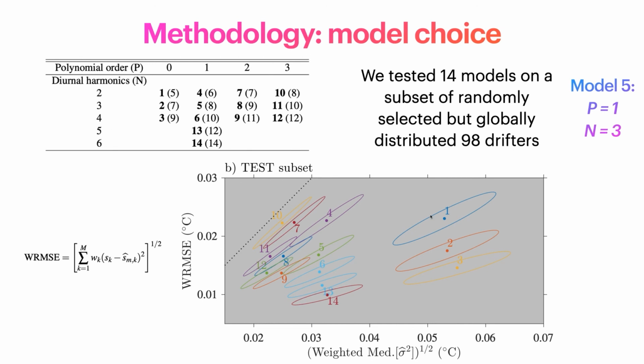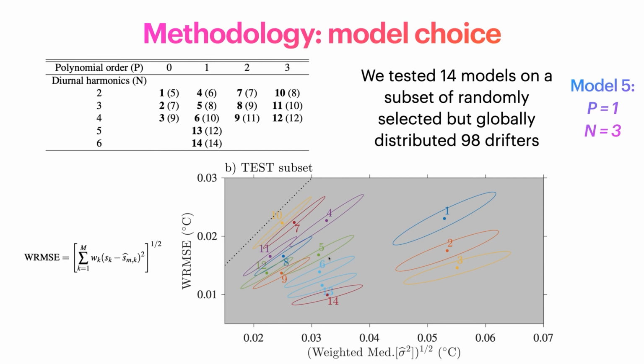As an example, if we had a polynomial of order 0, but increased the harmonics from 2 to 3 to 4, we would be able to reduce the RMS error dramatically, but we wouldn't change the error variance. In contrast, if we used a fixed number of diurnal harmonics, but increased the polynomial order from model 1 to 4 to 7 to 10, then we would reduce the error variance estimate, but we would not reduce the RMS error.